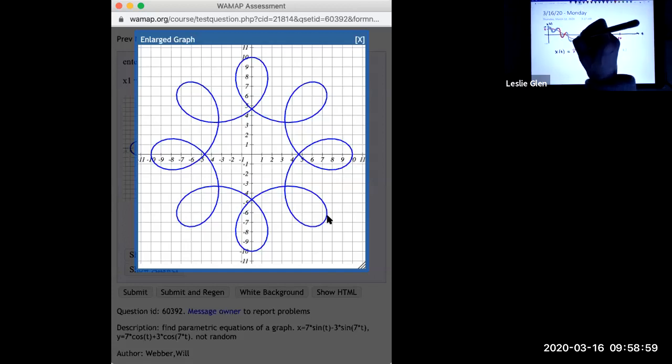There's a third one. A fourth one. 5, 6, 7. All right. So on top of my red cosine curve, I have 7 cycles of cosine in addition to the red one, right? So I can think of this as cosine of 7t.